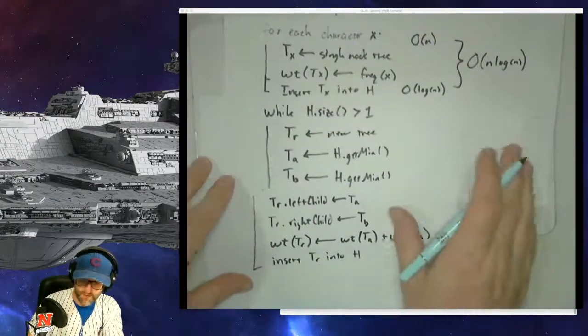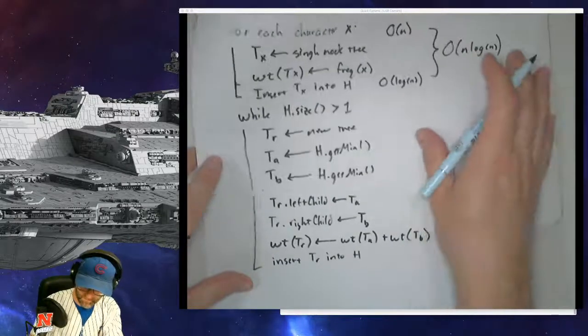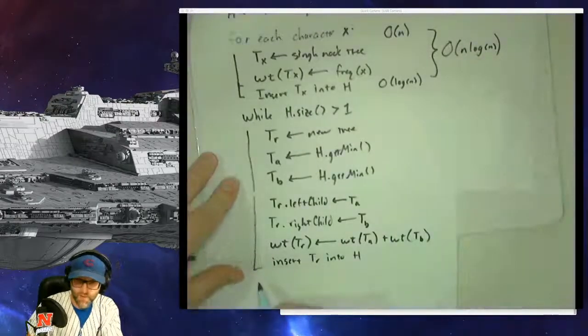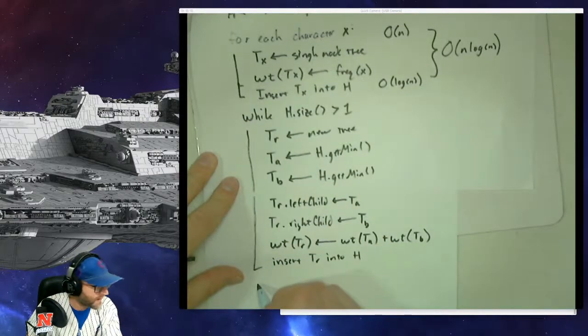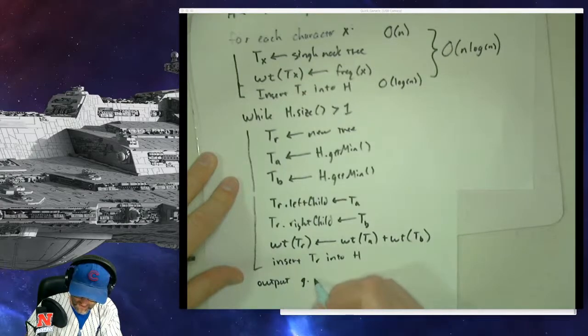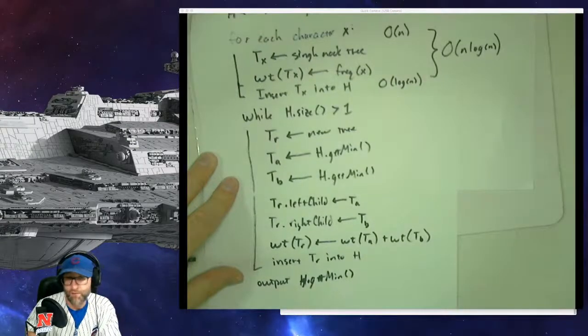So once that's all done, then I know that I've broken out of this while loop, which means that I only have one thing left in my heap, and then I will output H dot get min. The last one, just pull it out, and that's what you're returning. That's your final Huffman tree there.